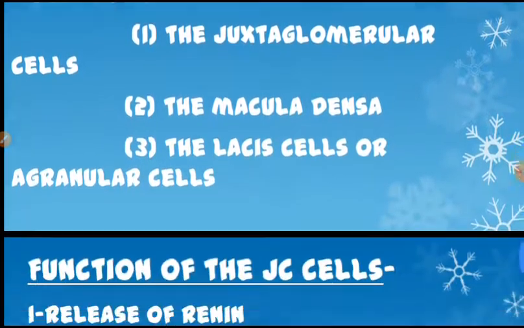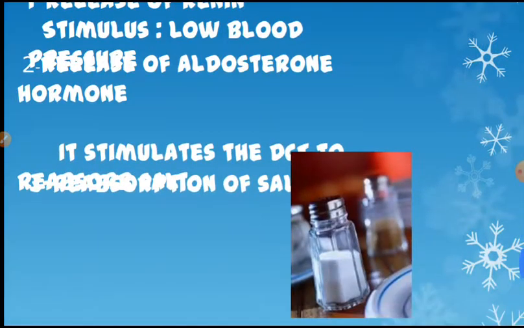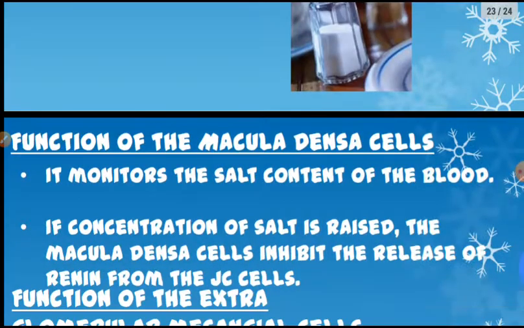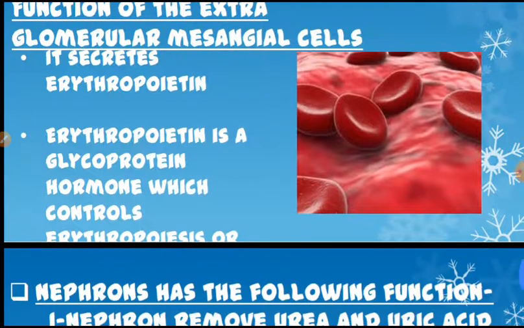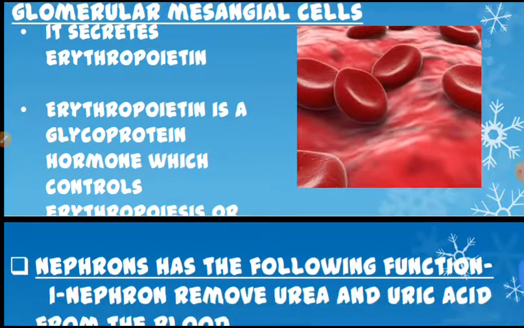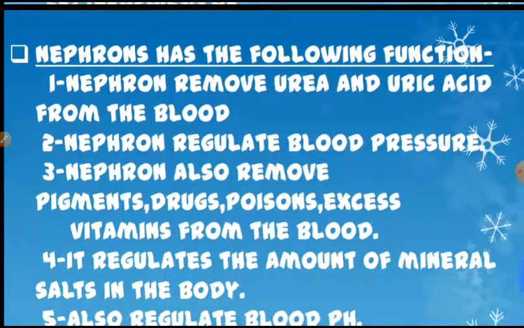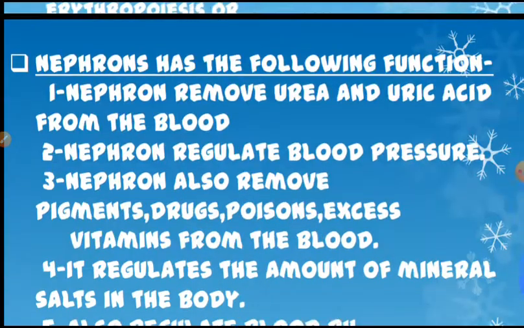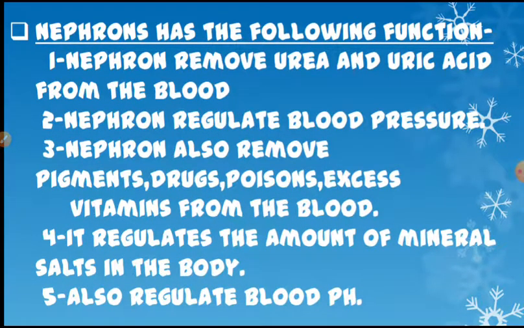Nephrons mainly remove urea and uric acid from the blood, and the nephron regulates blood pressure also.